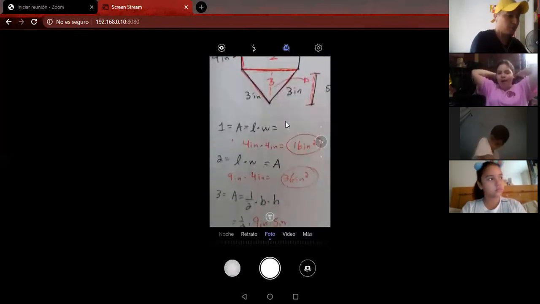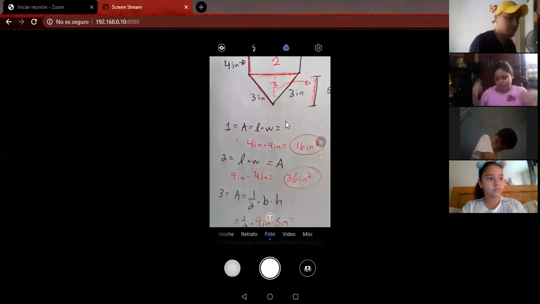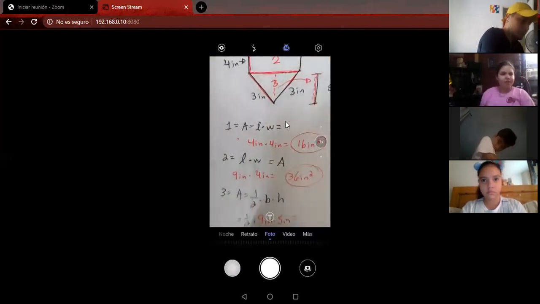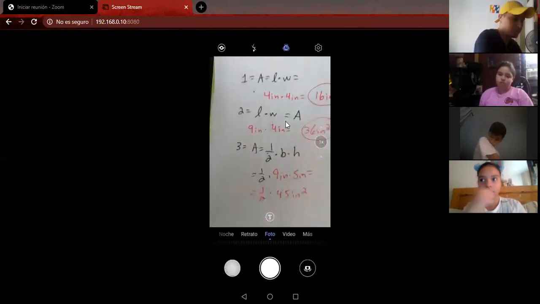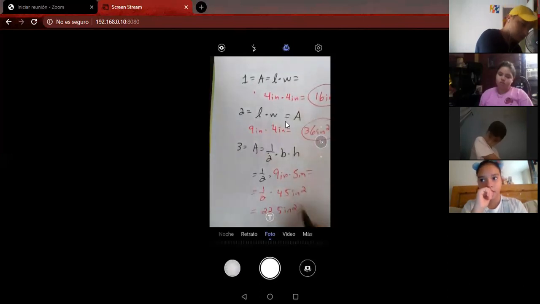So it's 5 inches. How much is 9 times 5? 45. 45 inches square. And the half, if I divide 45 divided by 2, because I have to divide it to find my answer, this is 22.5 inches square.